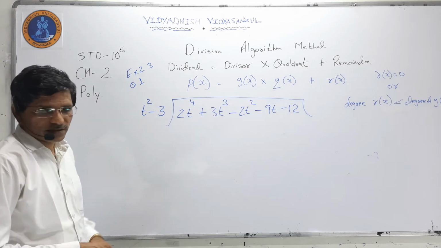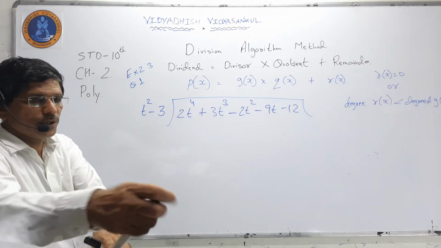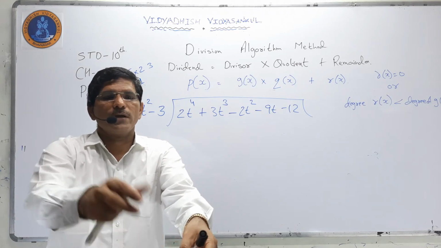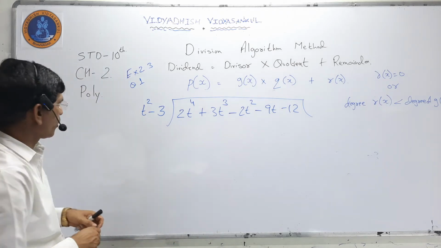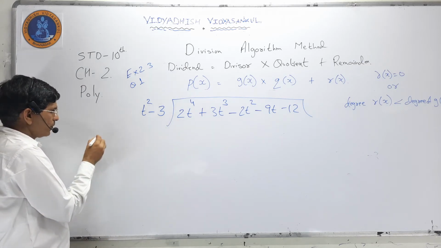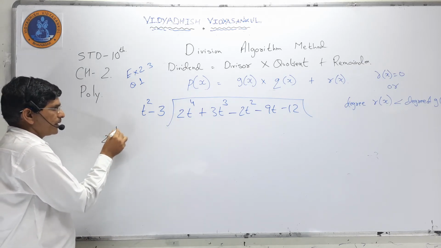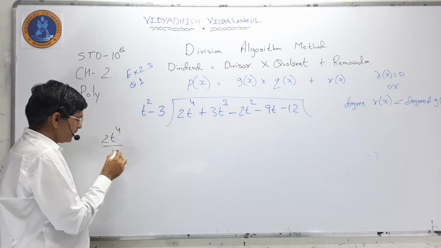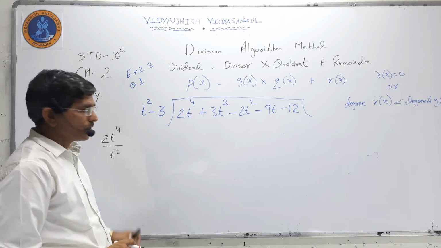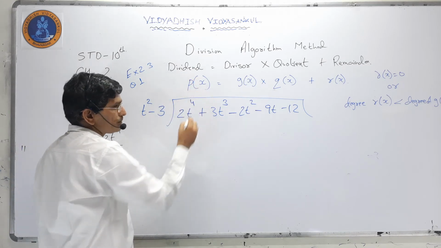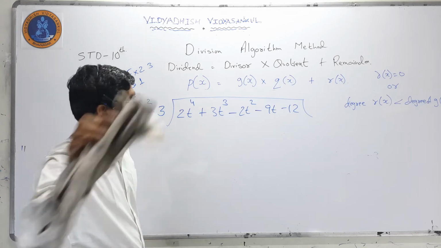So what is the first step? Again we have to go through it. First term, monomial divided by monomial. So 2t to the power 4 divided by t square, the answer is 2t square. So I have to write here 2t square.